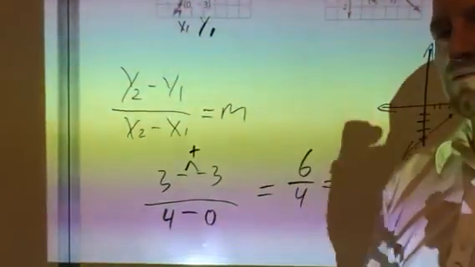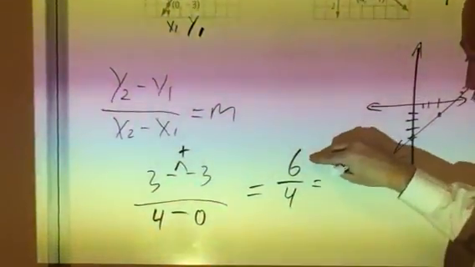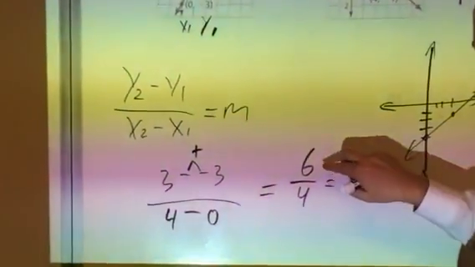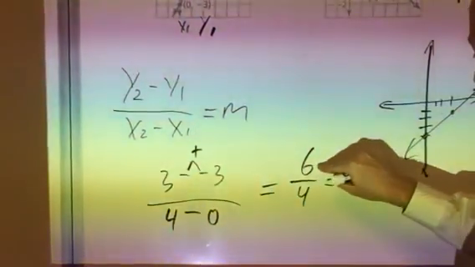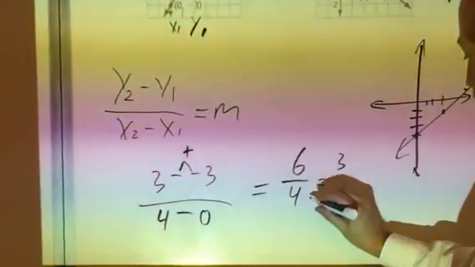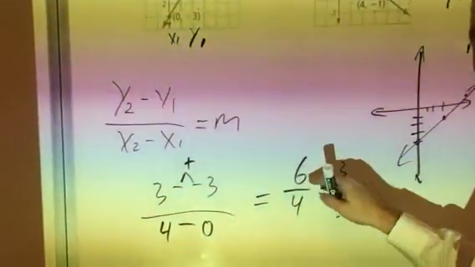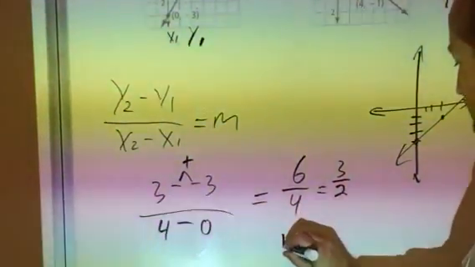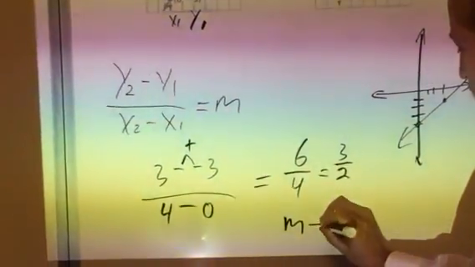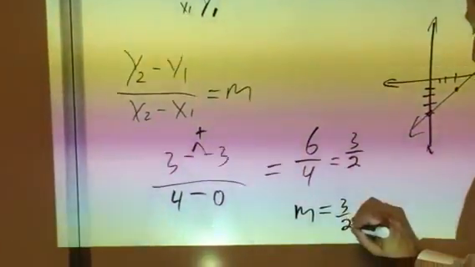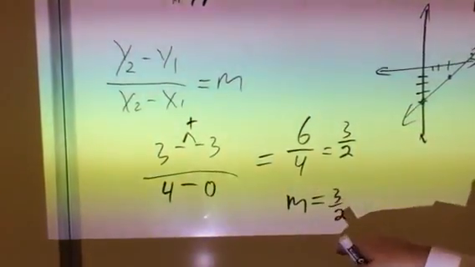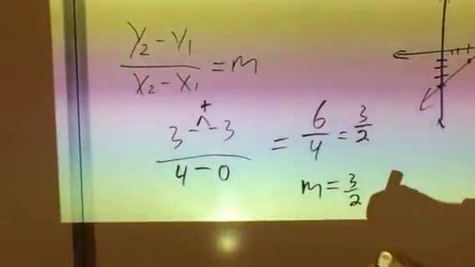Of course, this one could be simplified a little bit more, because 2 is a common factor here. 2 goes into 6 3 times, and 2 goes into 4 2 times. I just divided them both by 2, if you will. So m equals 3 over 2.